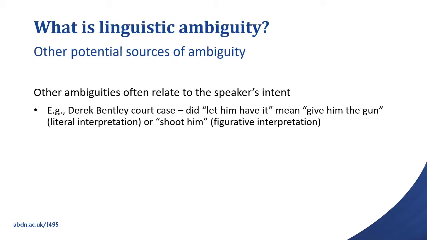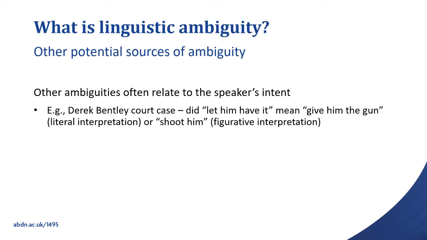Now, very often linguistic ambiguity is very much about what the speaker intended. So sometimes the ambiguity is entirely about what did the speaker really mean when they produced this utterance. These can be small things, but they can be really important. So the example that I have here is from a court case. This was the Derek Bentley court case.